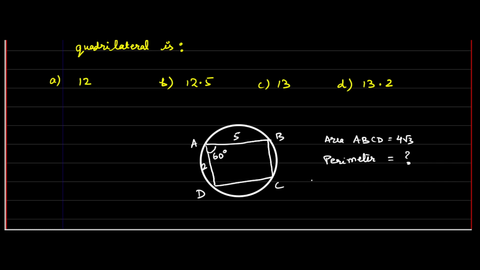To find the perimeter of this quadrilateral, we need to know BC. Let BC be X and DC be Y. To know the perimeter, we need to know X and Y. So for the perimeter, we have to write 2 plus 5 plus X plus Y. If we look closely, we need not find out X and Y individually, but we have to find out their sum.